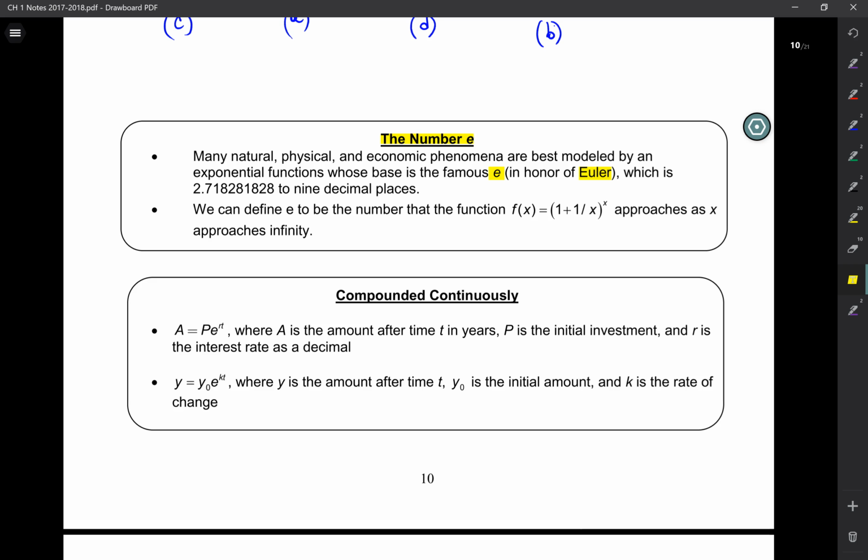So e is like pi. Many people call it different things, and they're wrong. It's Euler. So e is an irrational number. e is an irrational constant like pi. And to the first several decimal places, basically, it's 2.7 for all intents and purposes. Okay?